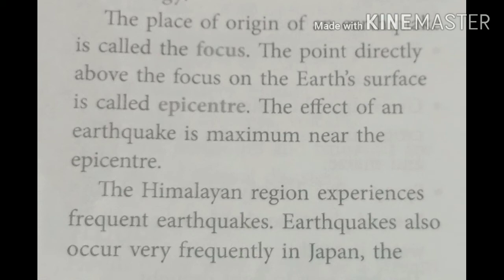The point directly above the focus on the Earth's surface is called the epicenter. The effect of an earthquake is maximum near the epicenter. The Himalayan region experiences frequent earthquakes. Earthquakes also occur very frequently in Japan, the Philippines, and around the edges of the Pacific Ocean.